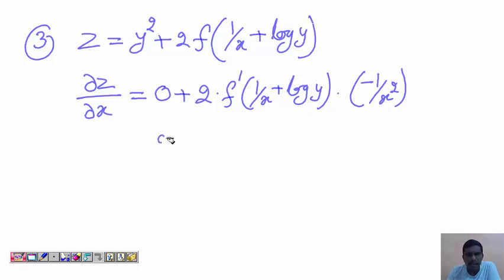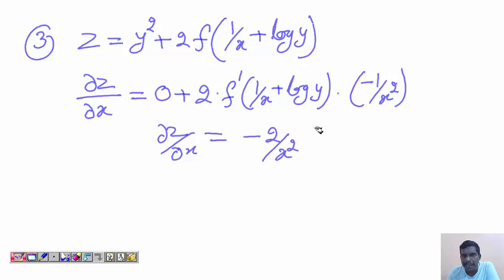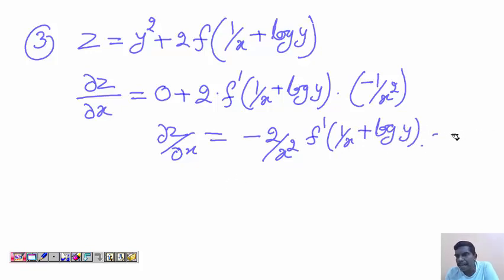And here dou z by dou x will be equal to minus 2 by x square into f dash of 1 by x plus log y. You can call this equation number 1.